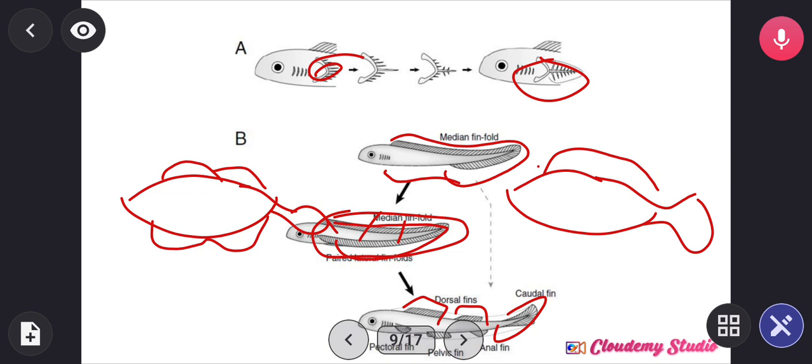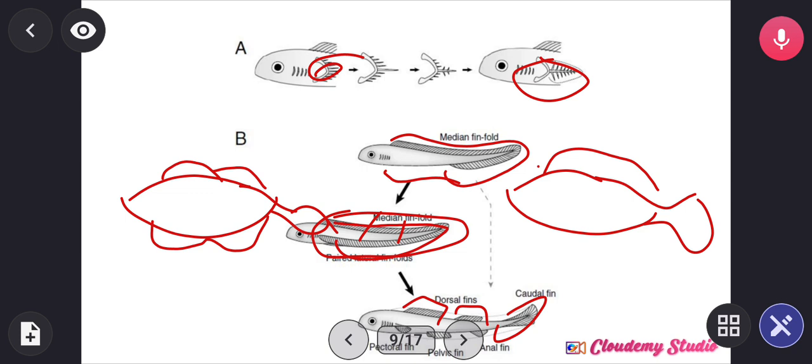You understand? And the most supported theory of origin of paired fin is the fin fold theory. So they believe that initially the unpaired fin is used for steering and turning. You understand? Because the early agnathans lived on the sea bottom, but now they have to colonize the upper water.